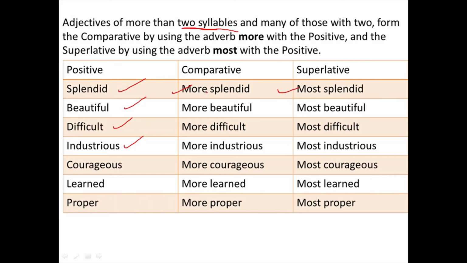So: splendid, more splendid, most splendid; beautiful, more beautiful, most beautiful; difficult, more difficult, most difficult; industrious, more industrious, most industrious; courageous, more courageous, most courageous; learned, more learned, most learned; proper, more proper, most proper.